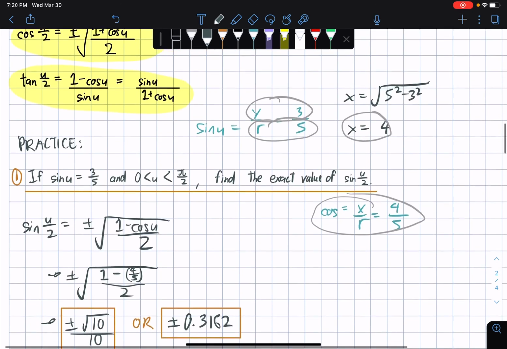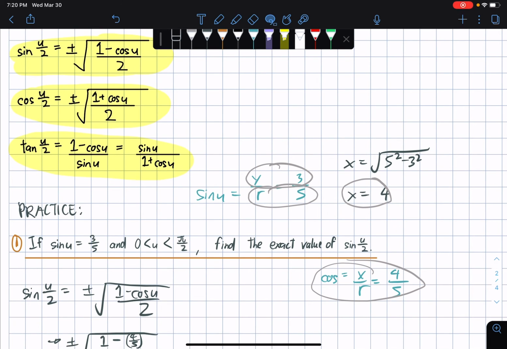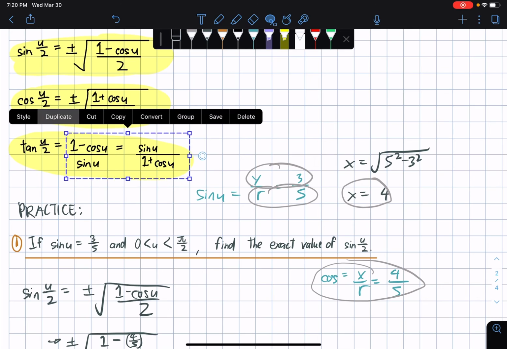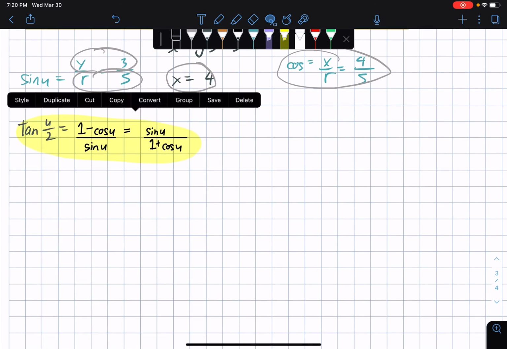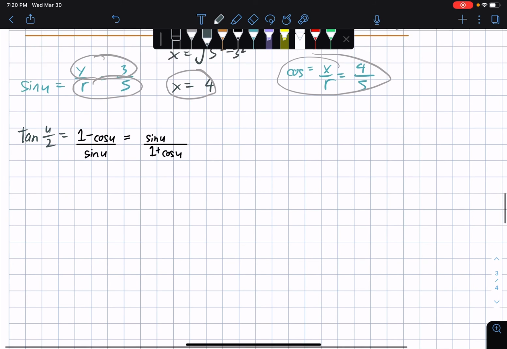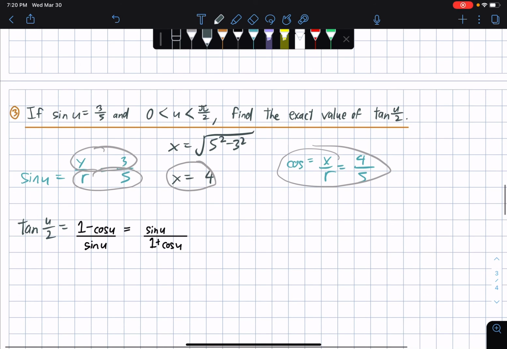For tangent u over 2, the formula, I won't write it anymore. Let's just copy paste. There you go. Let's try using that derivation or equivalent of tan u over 2.